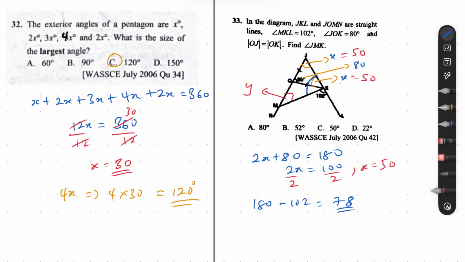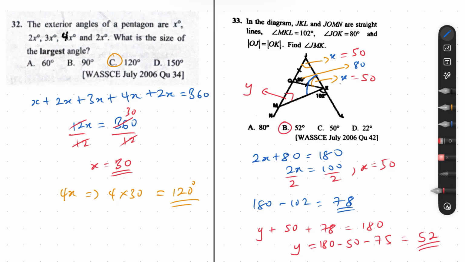So y plus 50 plus 78 gives us 180, so y is 180 minus 50 minus 78, which gives us 52. So 52 is our answer, B.